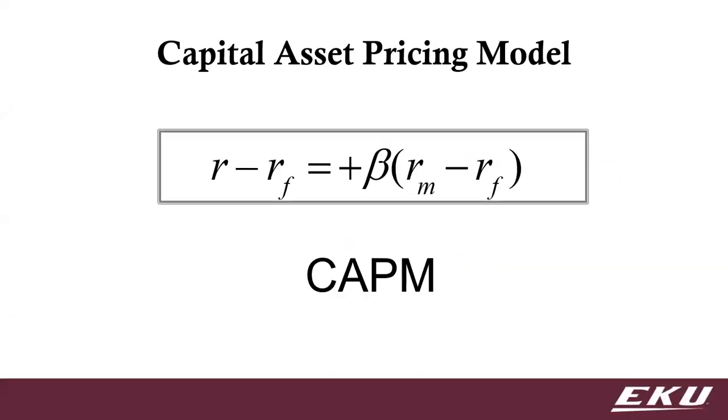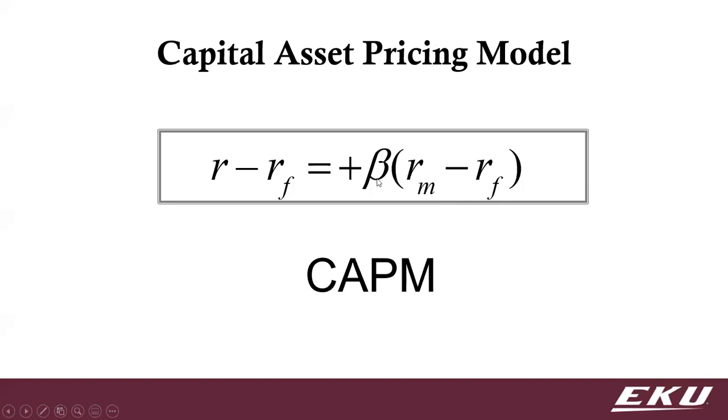Okay. And so we're going to look at all of our various investments based on that, because we know that whatever return we have on our investment minus the risk-free rate, because that part is given, should be equal to whatever our beta is times the market risk premium.